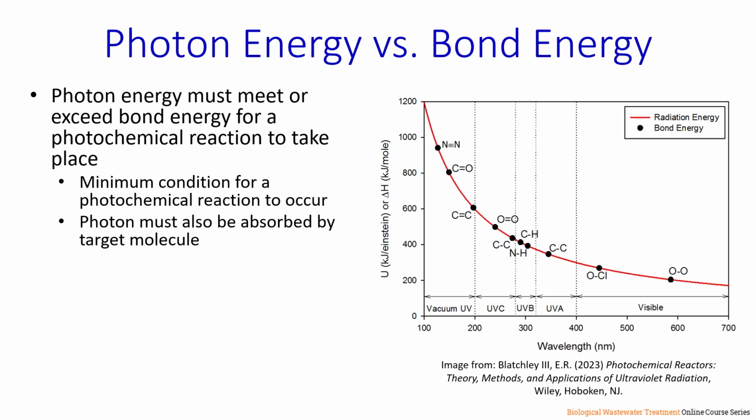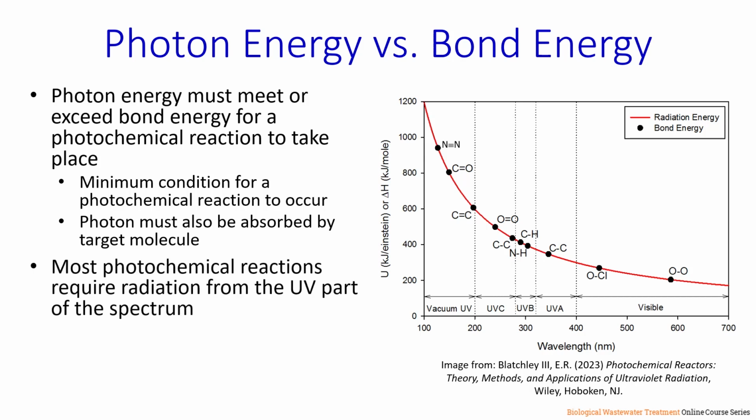Superimposed on that are reported values of bond energies for some critical bonds that are common in nature. Also superimposed on this graph are the wavelength ranges for the various types of radiation that were considered previously in this presentation. And we can see that for most of the bonds that are illustrated here, photochemical reactions involve or require radiation from the ultraviolet portion of the spectrum. But that is not to say that visible light doesn't also contribute.